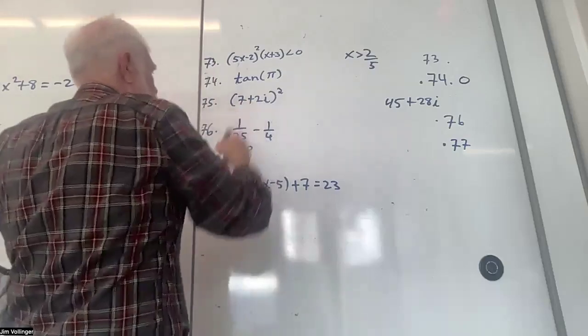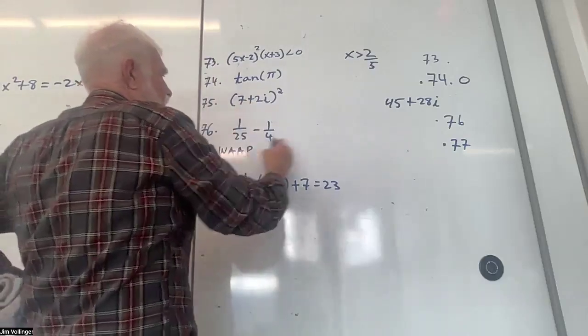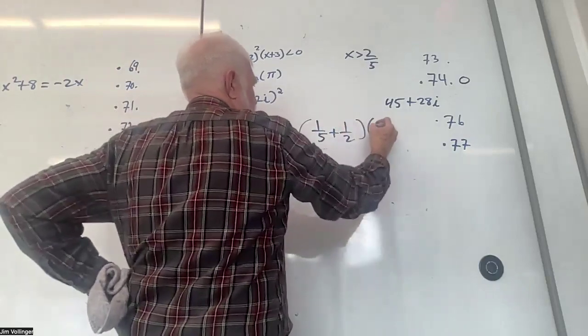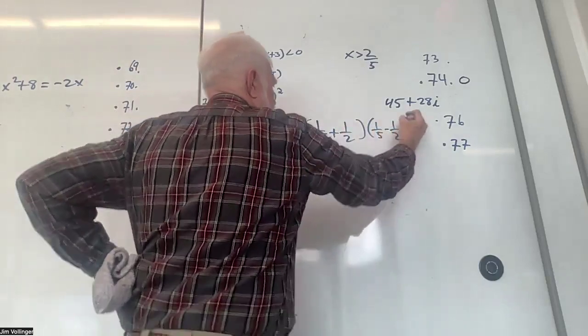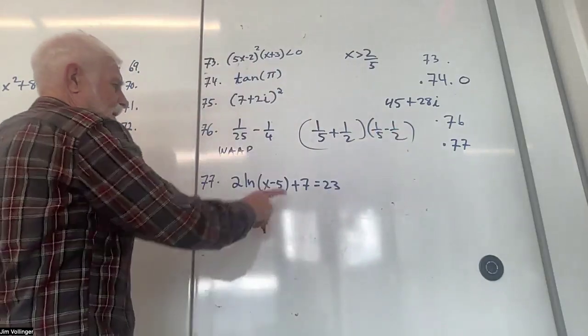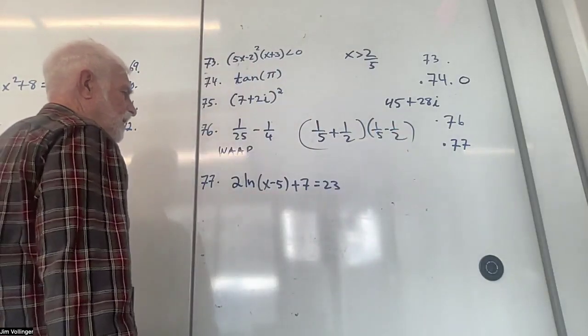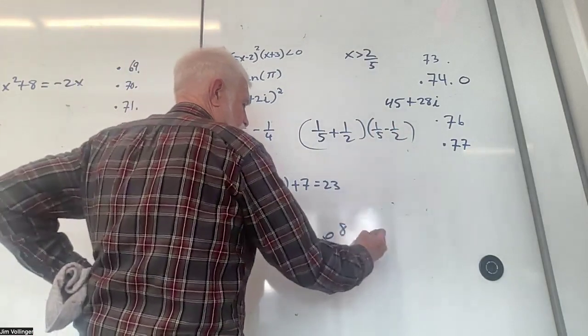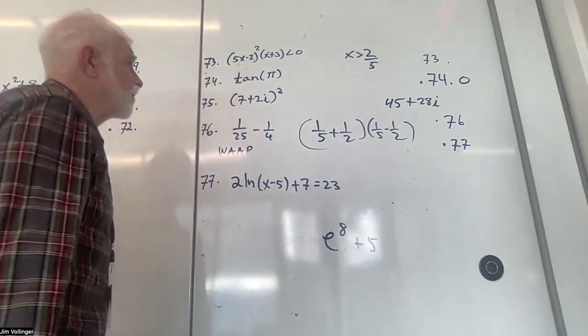All right, that's that one. Right, it's a product. 1/5 plus 1/2 times 1/5 minus 1/2. That's that. This one here, 16, 8, e to the 8 plus 5. All right, so we'll check those answers now and see if they're right.